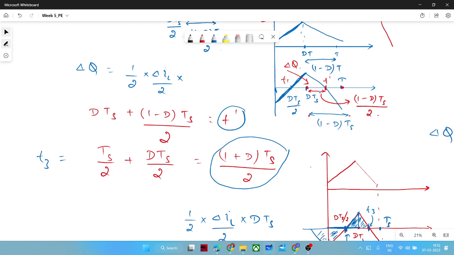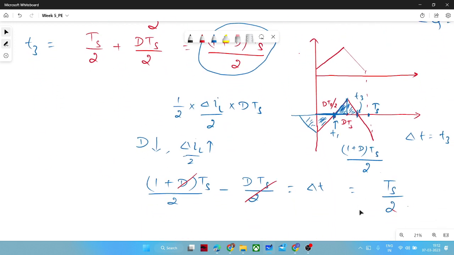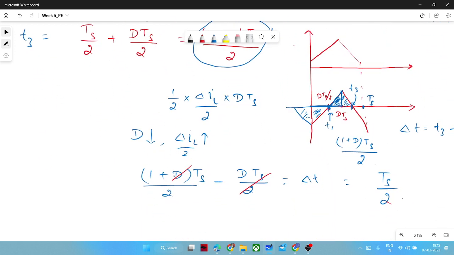So T3 minus T1 is coming out to be Ts by 2. So this was T3 and this was T1. If you segregate all the terms, then DTs by 2 and DTs by 2 will be cancelled and you will be left with Ts by 2.